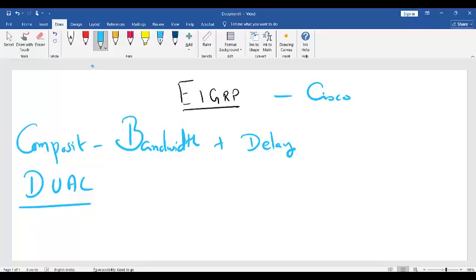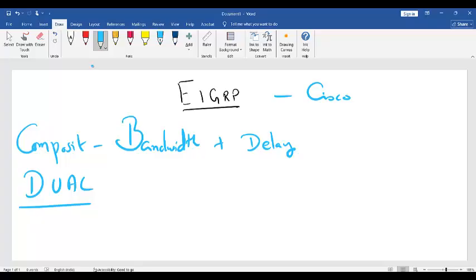EIGRP is a Cisco proprietary protocol. This has an older version also, which was IGRP. But IGRP is like RIP version 1, a classful version of the Cisco proprietary protocol. The enhancement is done.